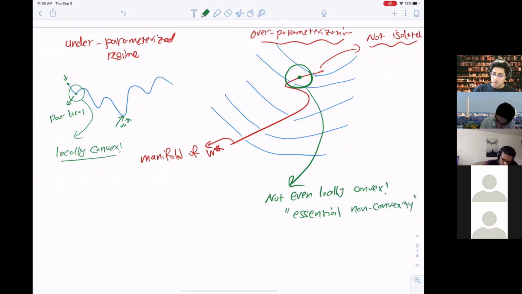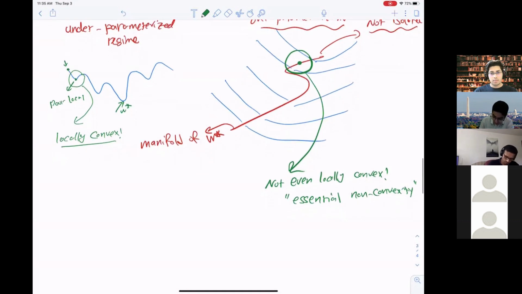The fundamental difference between under-parameterized and over-parameterized regimes. In under-parameterized regimes, you converge to a bad local minimum, you look at your neighborhood, you are still locally convex, globally you are non-convex. But here in the over-parameterized regime, if you look at a neighborhood around your W star, then essentially you will be non-convex, meaning that you are not even locally convex.